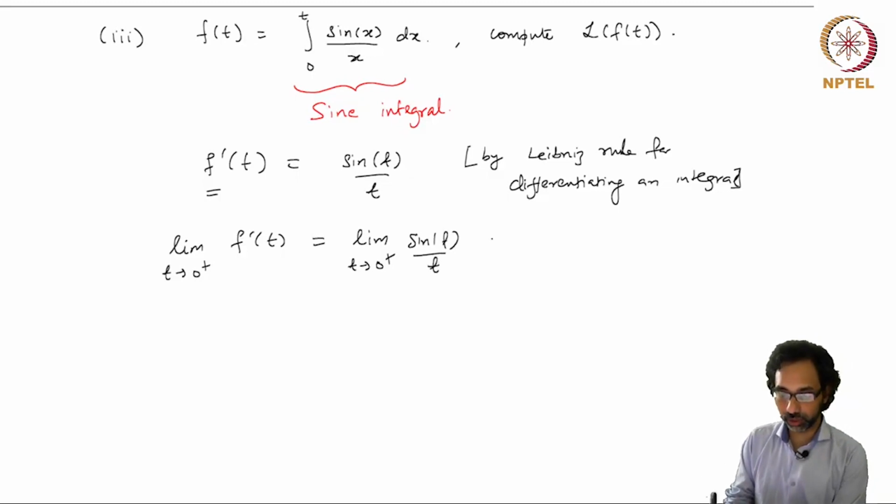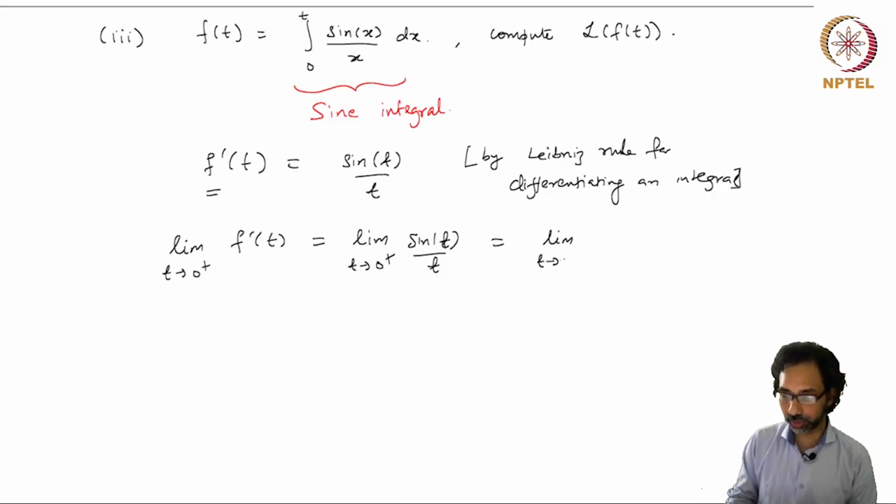And you see here that both sine of t and t are going to 0. So for example, by L'Hopital's rule, this is the same as the limit as t tends to 0 plus of cos of t over 1. So we are differentiating both the numerator and denominator. For the numerator you get cos of t, and so this is just 1.